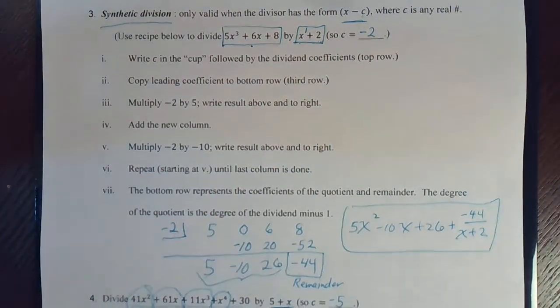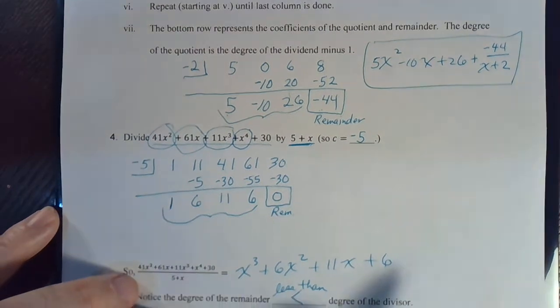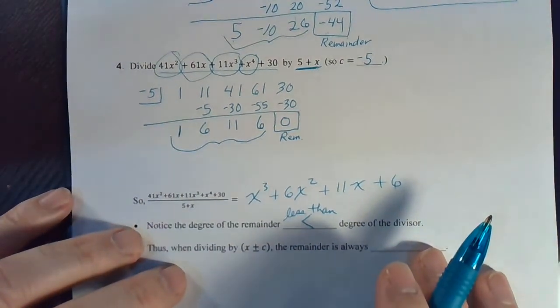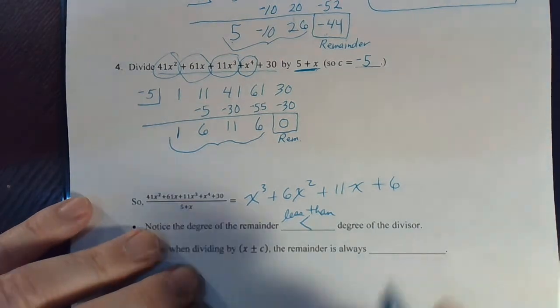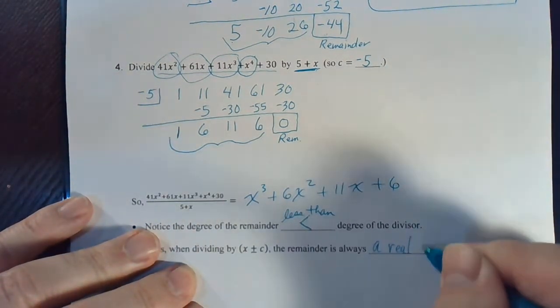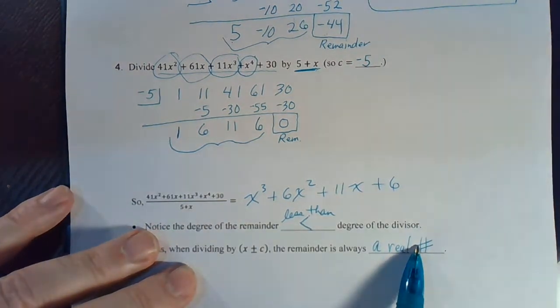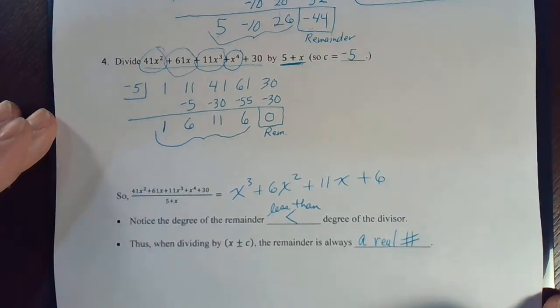Every time we do synthetic division, it's going to be a constant remainder. We can just say it's always just a number, just a real number. It'll have nothing to do with x. All right, we'll continue this in the next video.